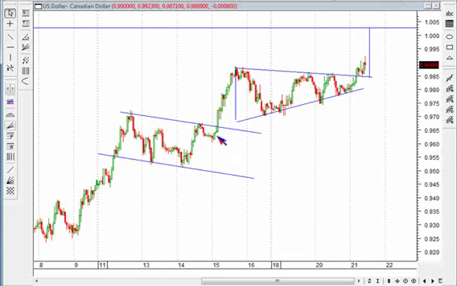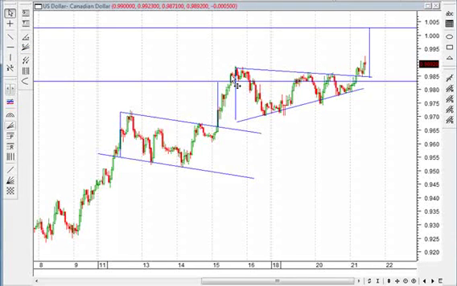Well, looking at this, and looking at the width of the flag, I take that, I put it on the breakout. Sure enough, that price pattern completed itself easily.